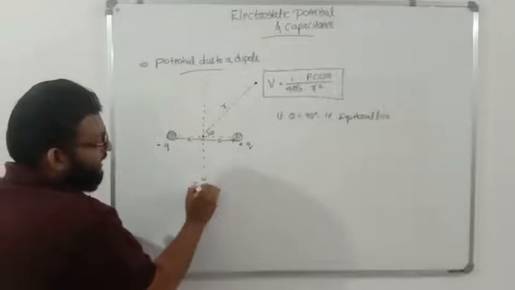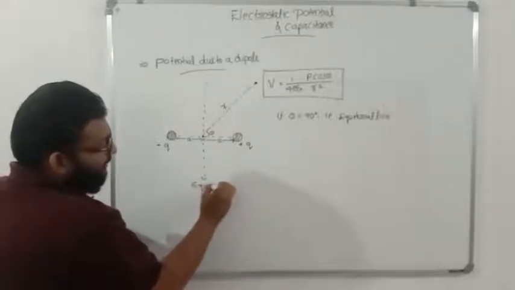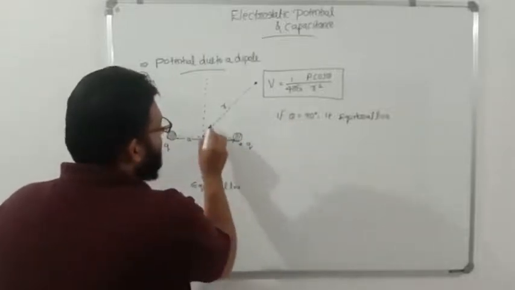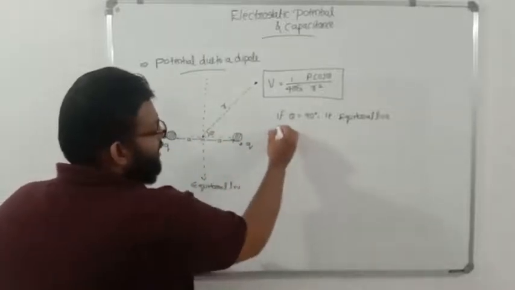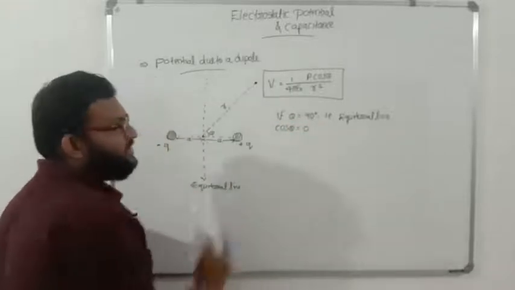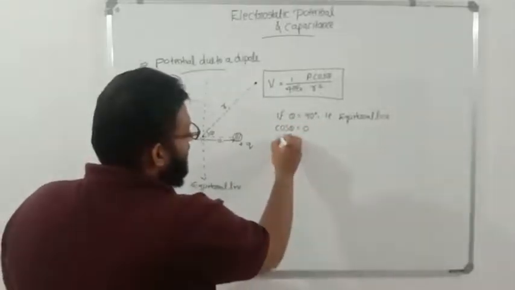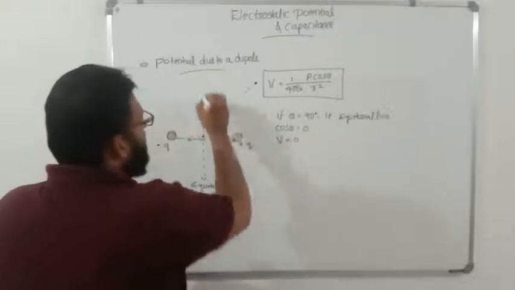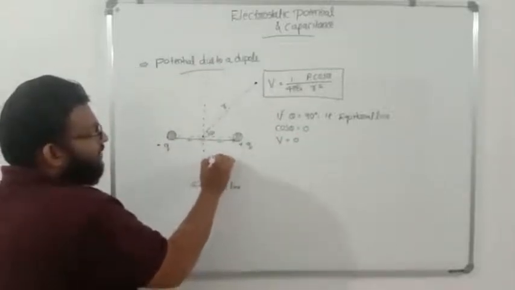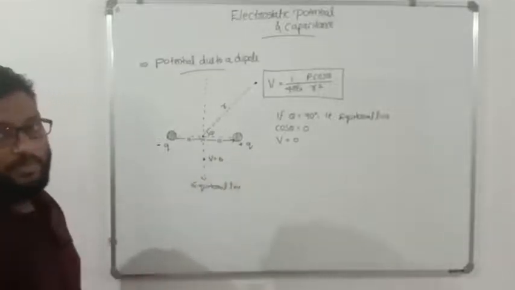On this equatorial line, theta is 90 degrees, as you can see from the figure, therefore cos theta is 0, because cos 90 is 0. That means there is no potential at all. If you select any point on this equatorial line, the potential is 0.